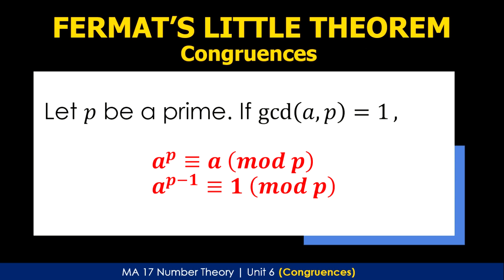If the GCD of A and P is 1, then we can say that A raised to P is congruent to A modulo P. And also it's true that A raised to P minus 1 is congruent to 1 modulo P, provided again that the GCD of A and the prime number is 1.